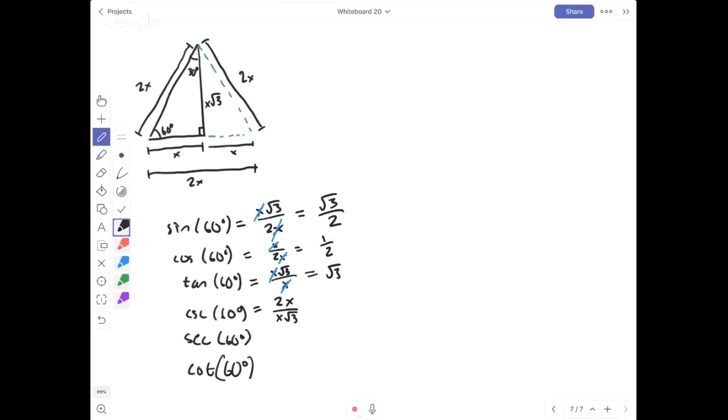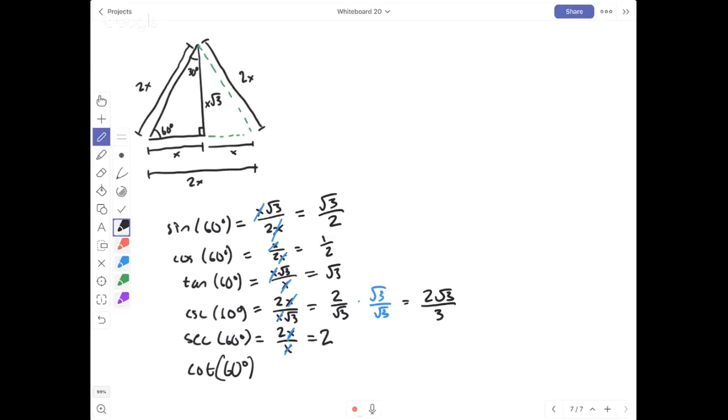2x over x root 3. X's cancel. You get 2 over root 3 times root 3 over root 3, and you get 2 root 3 over 3. The secant of 60 degrees is equal to the hypotenuse over the adjacent, 2x over x, cancel, cancel, equals 2.